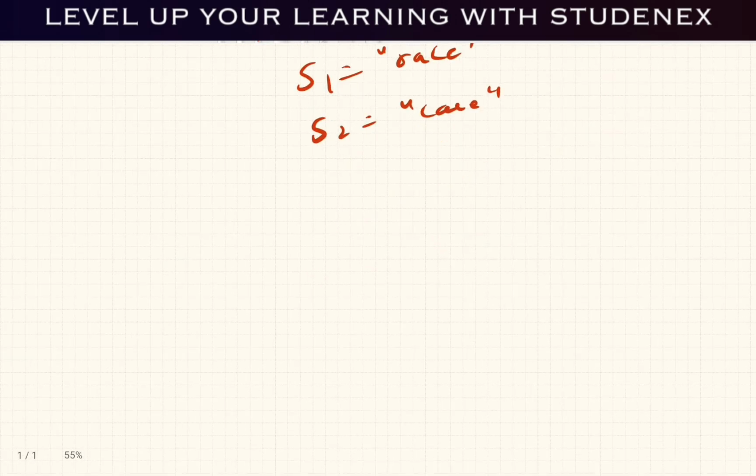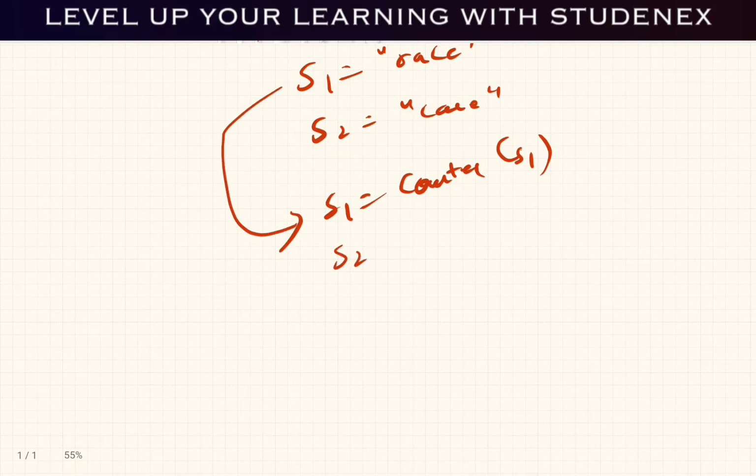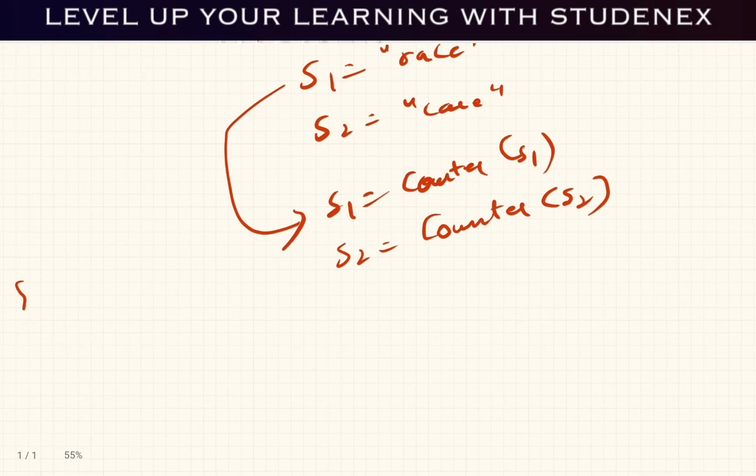Again, I'm going to store S1 equals Counter of S1. I'm not taking extra variables, I'm just reusing these variables. S2 equals Counter of S2. This will basically give the same thing: R one time, A one time, C one time, and E one time.